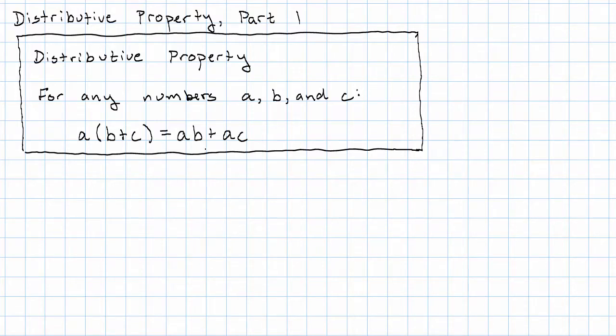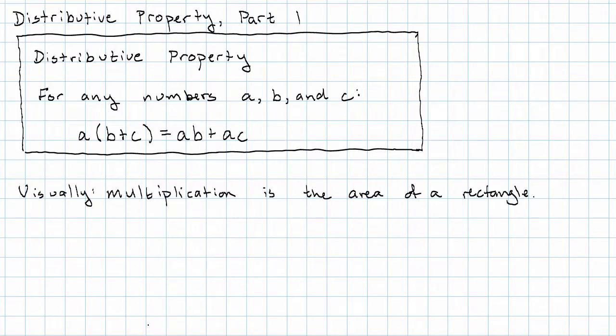Now, it might help to think about this visually. Visually, we can think of multiplication as the area of a rectangle. So if we have a rectangle that's a high and b wide, its area is a times b.